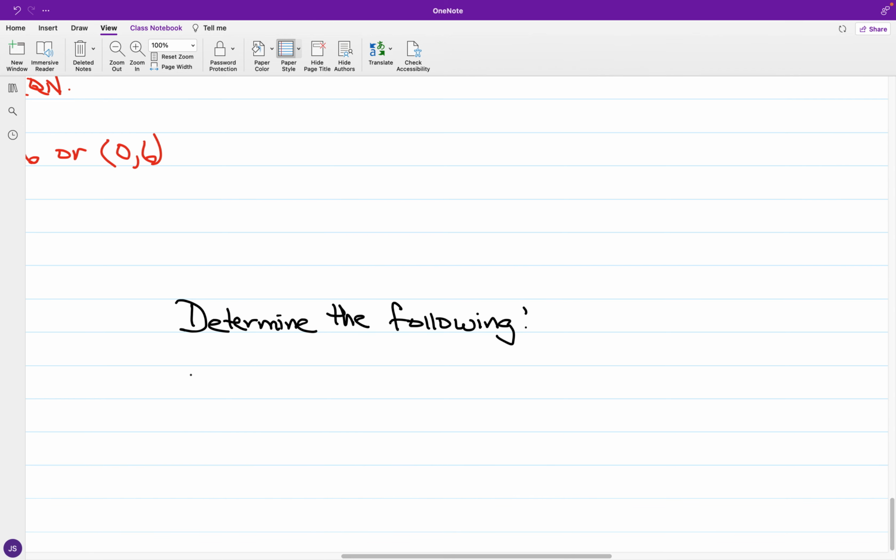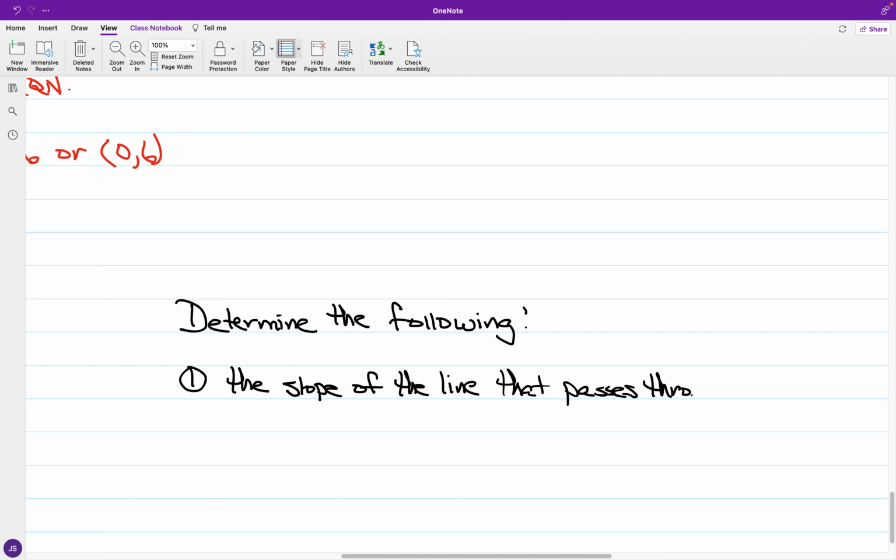Okay, first of all, say we determine the slope of the line that's going to pass through 2 points.